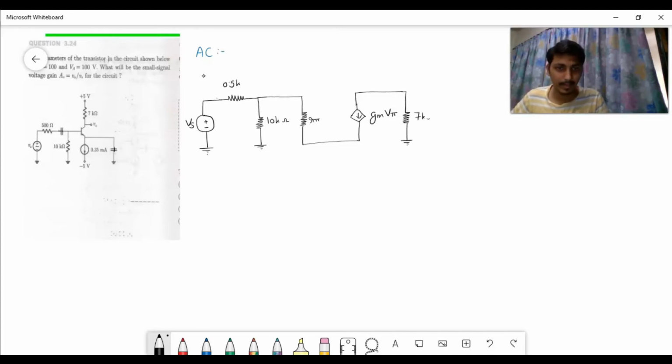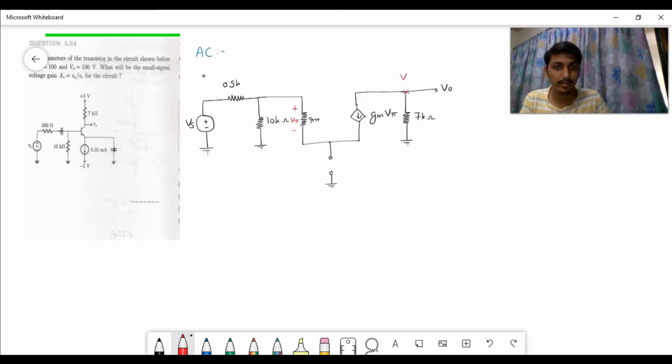Here it is 7 kilo ohm. This is nothing but your V0. Here it is open circuited, and here it will be grounded. So this is our r pi. We will find r pi and the transconductance, with V pi here.